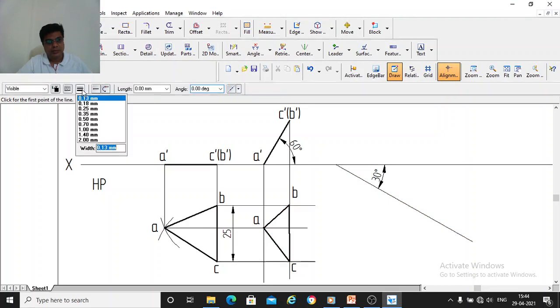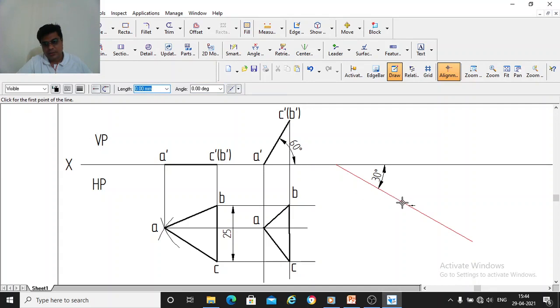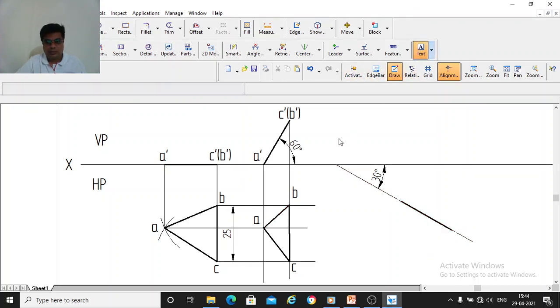Take your 2B pencil and draw a line. You can draw anywhere this BC. Start from here, this is B, and draw a line of 25 mm on that 30-degree line. Okay, so this is BC.